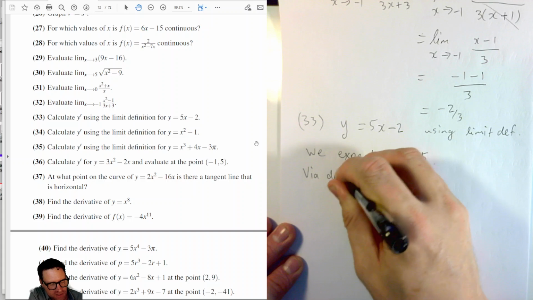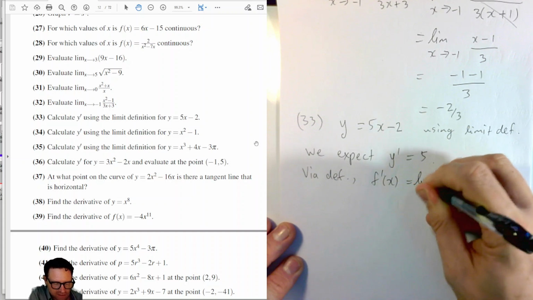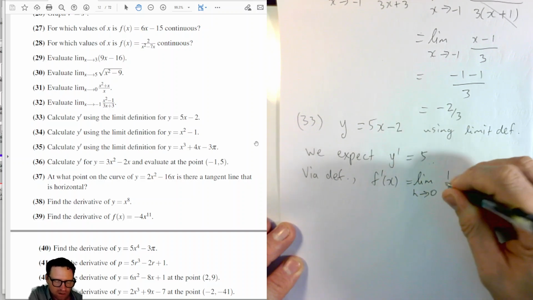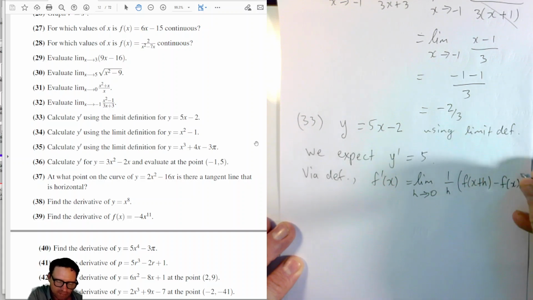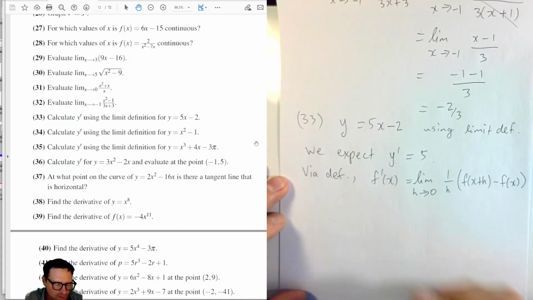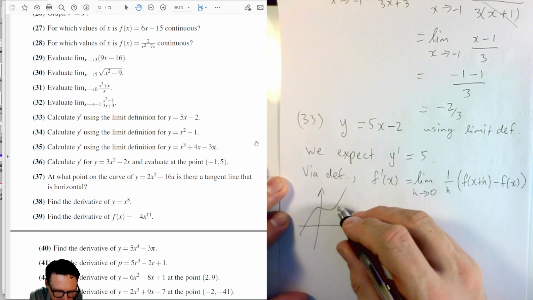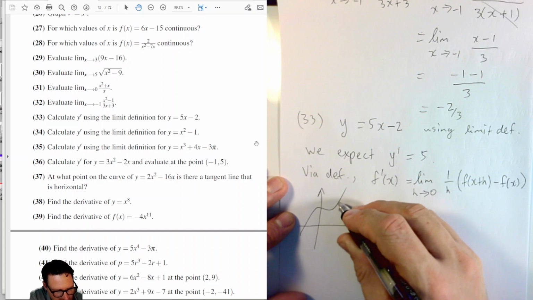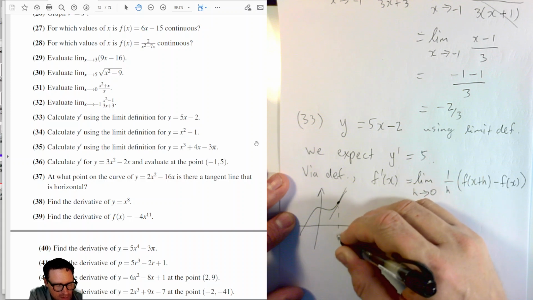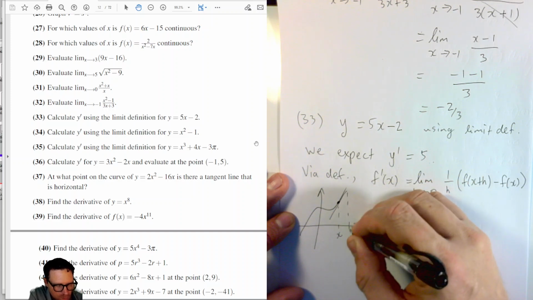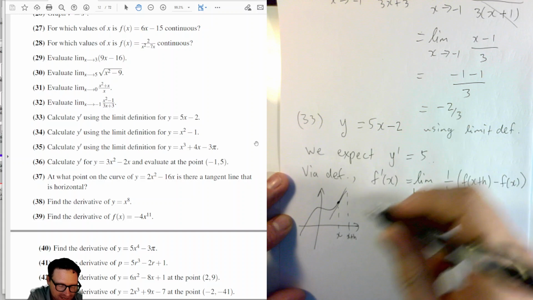Via the definition, we have f dash of x is equal to the limit as h goes to 0 of 1 on h times (f of x plus h minus f of x). In other words, if we have some function like this and we want to estimate or calculate exactly the slope of a tangent at a given point, we can step forward h units to get to x plus h.